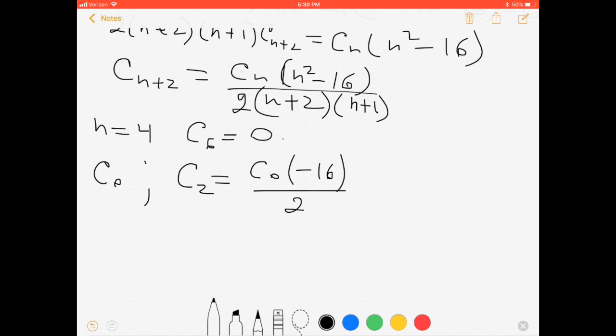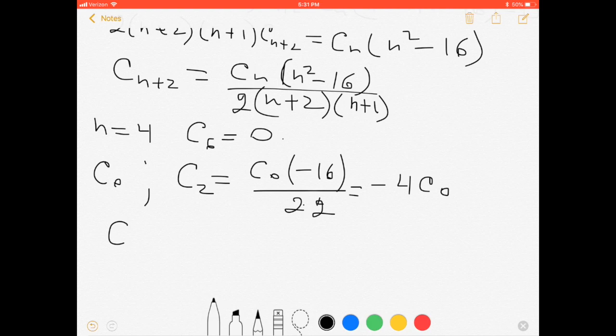I forgot about this too. N equals 0, this means I have 0 plus 2 is 2, and times 2. This means I have minus 4 C0.